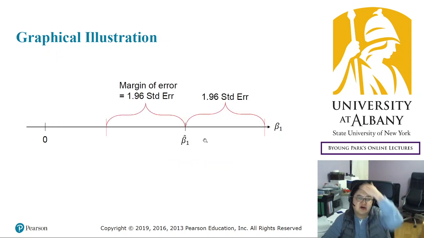And on top of the point, we can calculate the margin of error. We have to admit that this estimation always has estimation error. Your estimator is almost always wrong. What matters is whether it is wrong too much, or the difference is little or large.